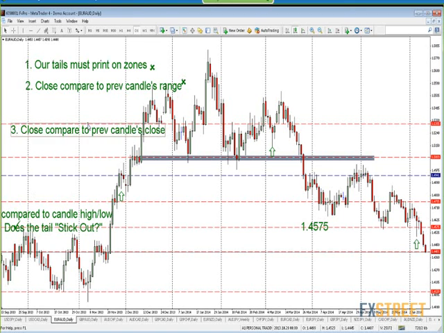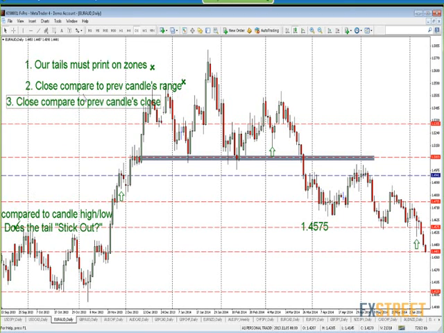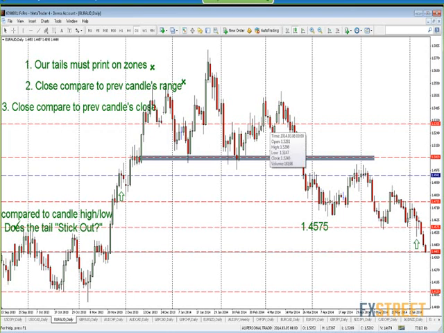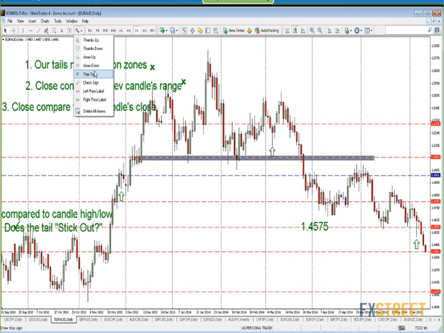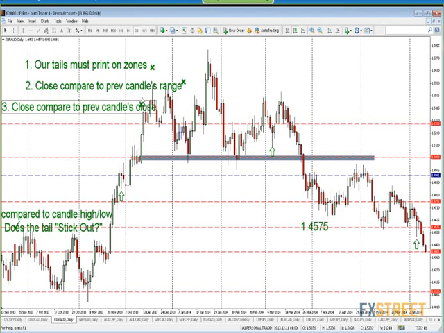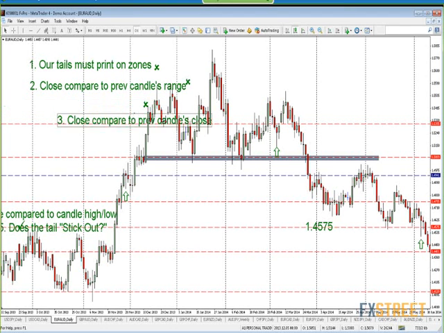How does the candle close compare to the previous candle's close? Well, it's lower than the previous candle's close. So if we're looking for any reason to buy, that's not necessarily good. But again, if it's close enough, that's okay. But this one is actually a little bit lower. So that's another negative here. So we've got three where we're not quite fitting the rules that we want to see.